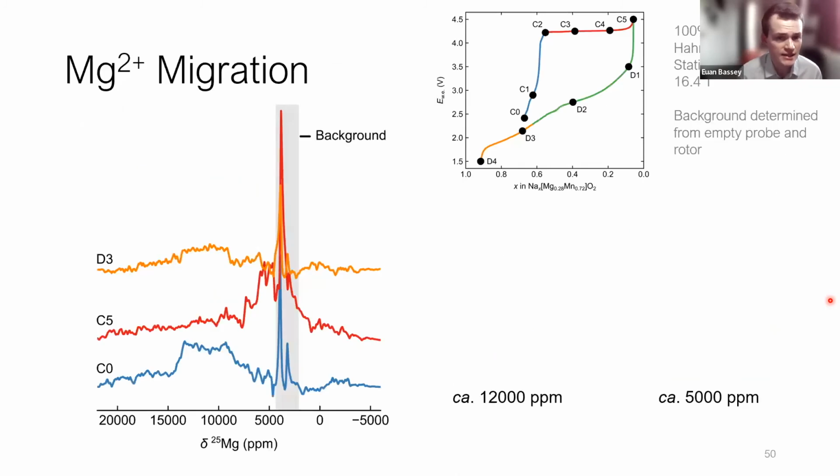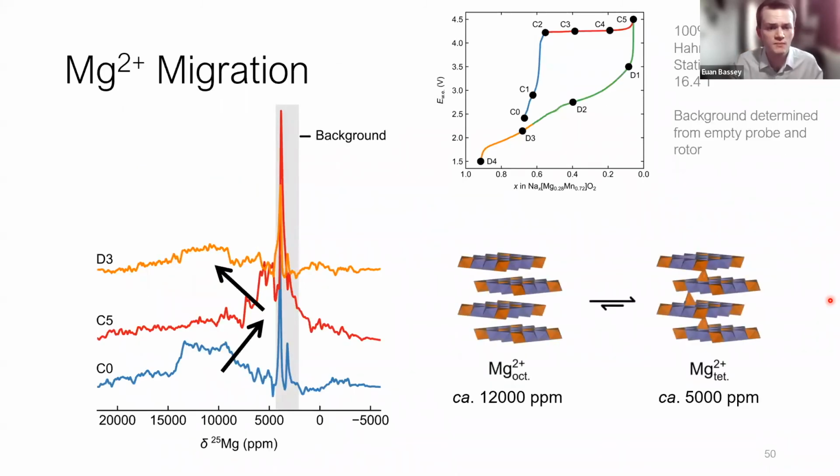The answer to that is magnesium migration. One of the things that occurs in this material is that at high states of charge, high voltages, we see magnesium migrating from the octahedral positions in the transition metal layer down into the vacant sodium layers. This is the 5000 ppm resonance we see here, and then it moves back again on discharge, and we see a resonance coming back at around 12,000 ppm, but it's much broader and much lower in intensity.